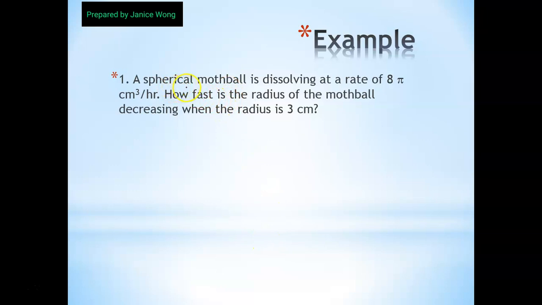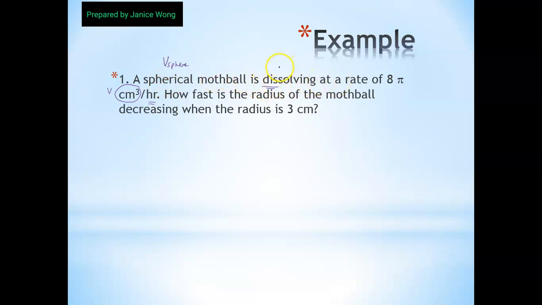A spherical mothball is dissolving at the rate of 8 pi cm cubed per hour. So when I see the unit, cm cubed indicates the volume. It is changing with respect to time in hours. We are talking about the volume of a spherical mothball.